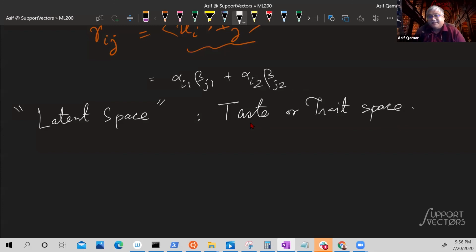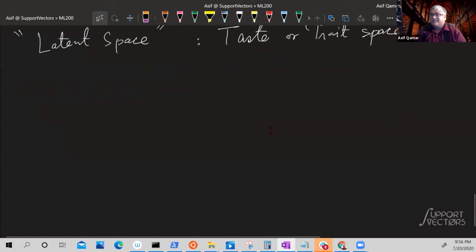Does it make sense? Now the question is, how do we discover that? That is an interesting bit of mathematics. There is a mathematical way that you can discover it, using techniques such as alternating least squares and so forth. We won't quite go into that because that is the context of a much larger discussion, but let me just give you an idea.